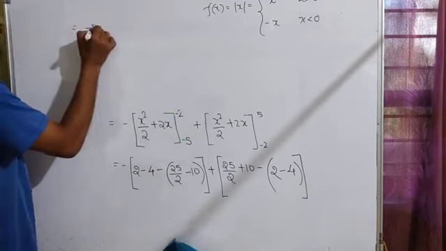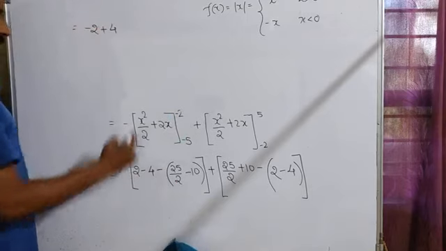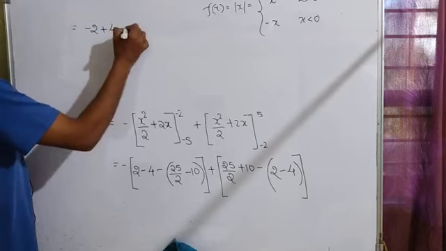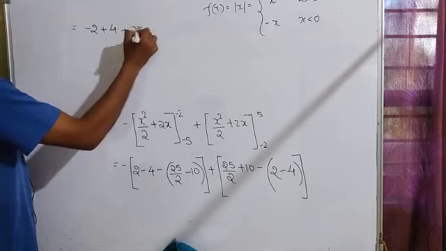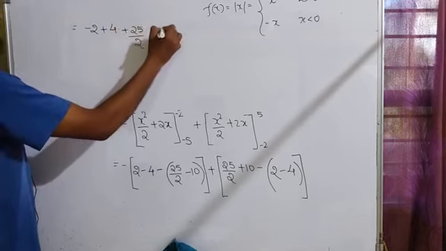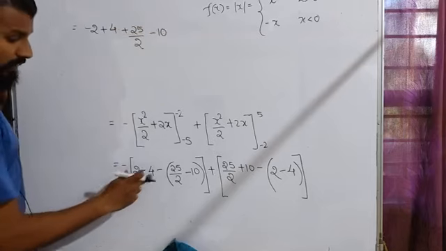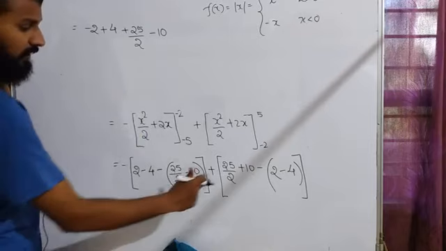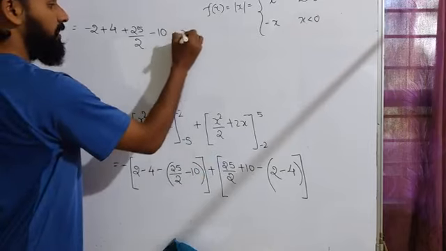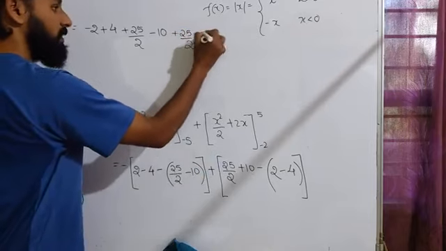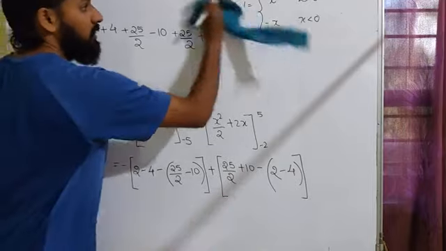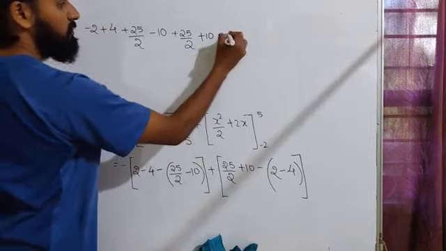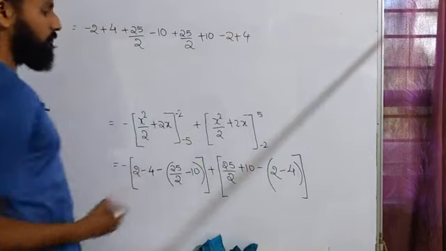So this will be minus 2 plus 4, minus into minus will be plus, so this will be plus 25 upon 2 and minus 10, because minus into minus is plus, plus into minus will be minus. And this one is 25 by 2 plus 10. So this is minus 2 and plus 4.